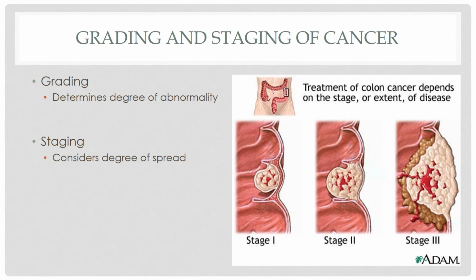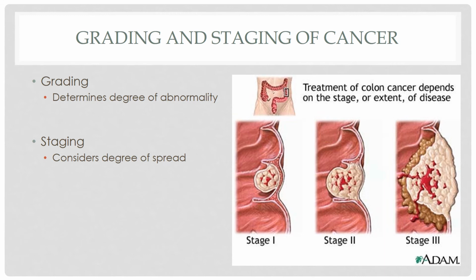So in this staging system, stage 0 will signify carcinoma in situ. Stage 1, stage 2, and stage 3 basically reflect the extent of the disease. So is the tumor big or small?